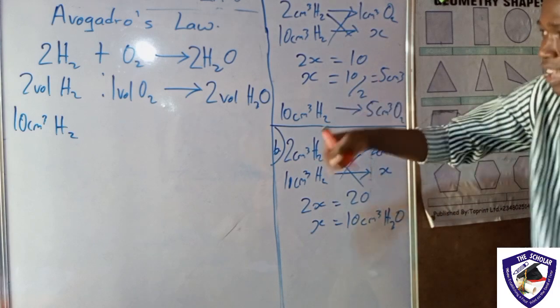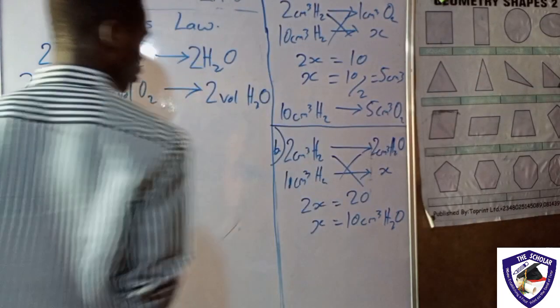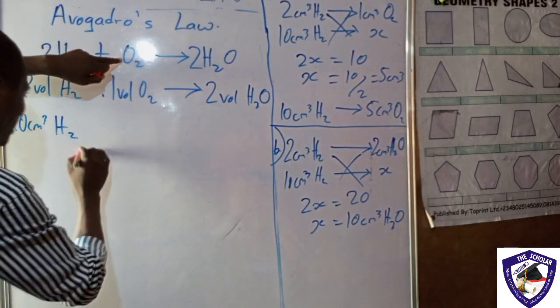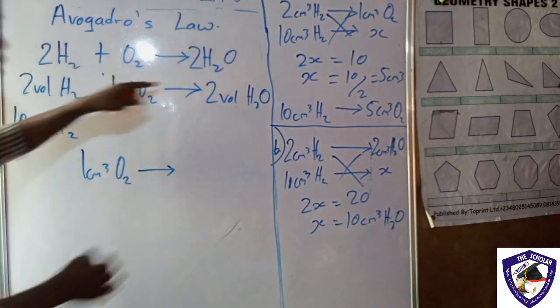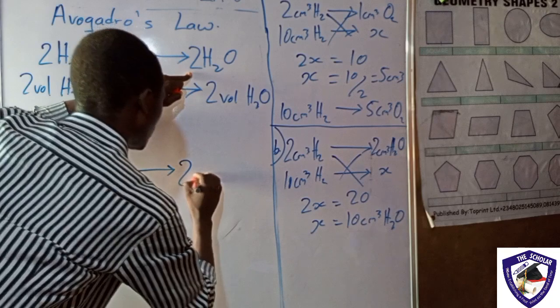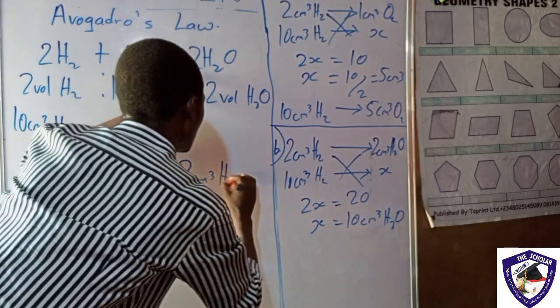You have to get the same answer. Let's calculate for oxygen also. For oxygen, 1 centimeter cube of oxygen gave us 2 centimeter cube of H2O.